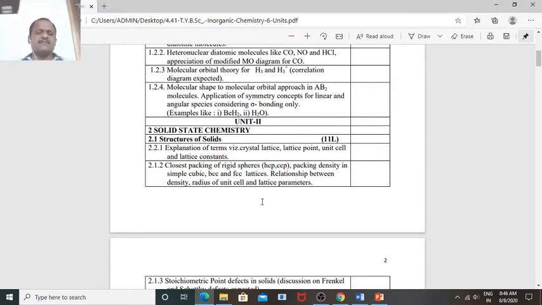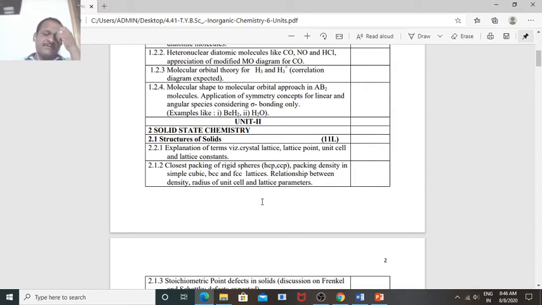You already learned what a unit cell is, what a crystal lattice is, and what the packing density is, in 12th standard as well as in SYBSc. Still we want to study, because knowledge grows as you increase your reading and your learning ability for that chapter.